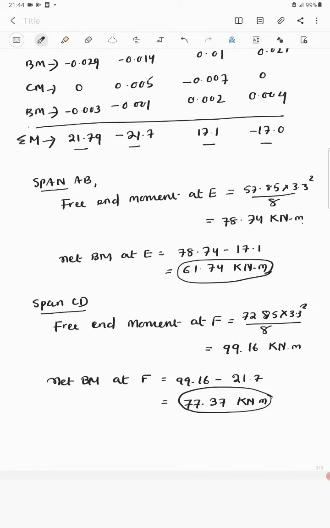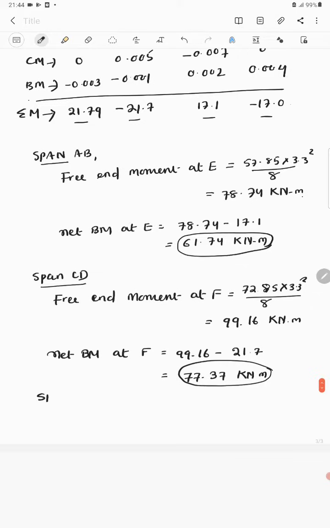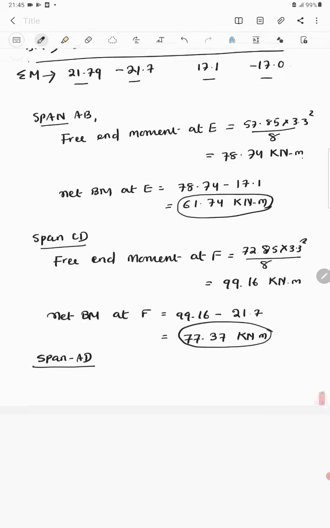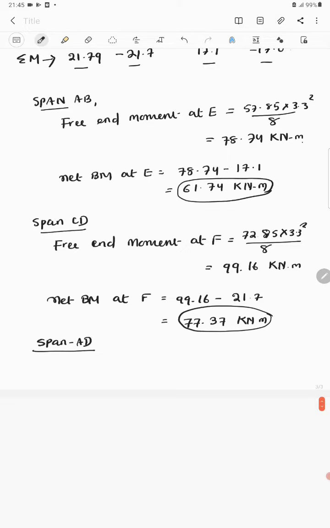Okay. Similarly, next span AD is a sidewall. So for the sidewall, what is the free moment at the mid span?